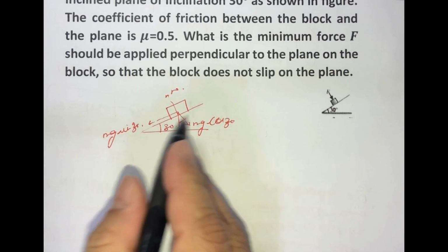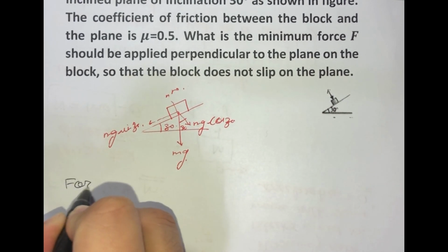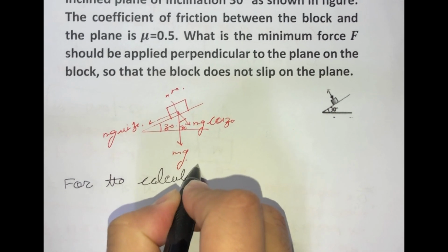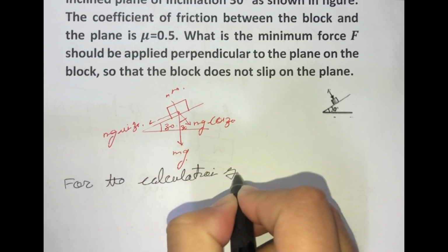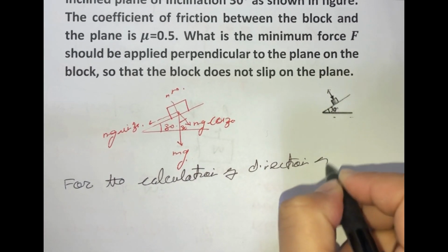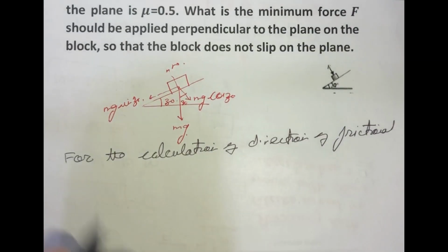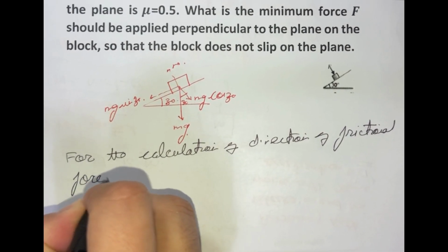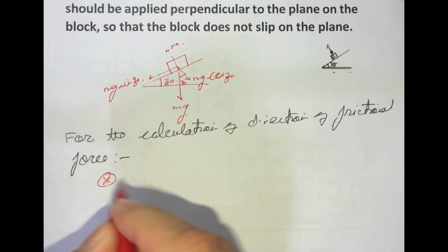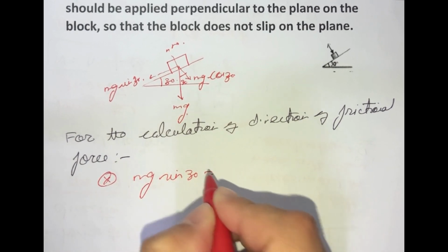So in this case we are going to find out what will be the direction of the friction. So for the calculation of direction of frictional force, let's calculate mg sin of 30.